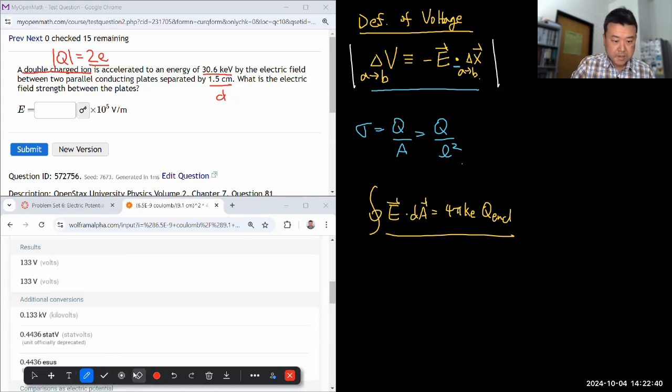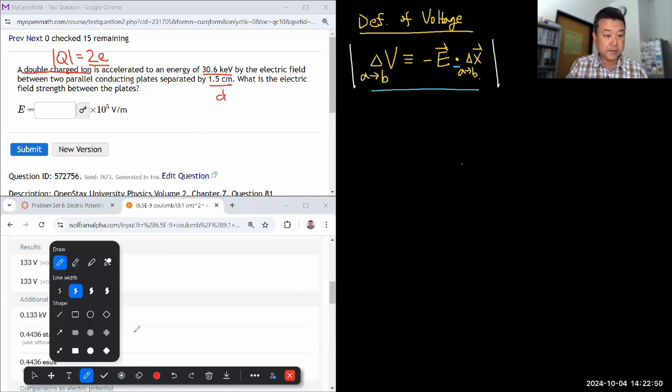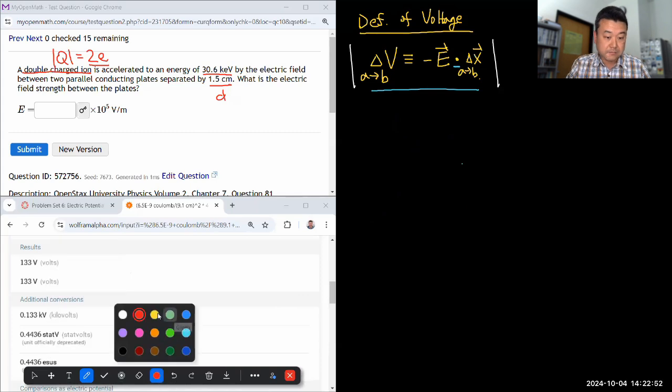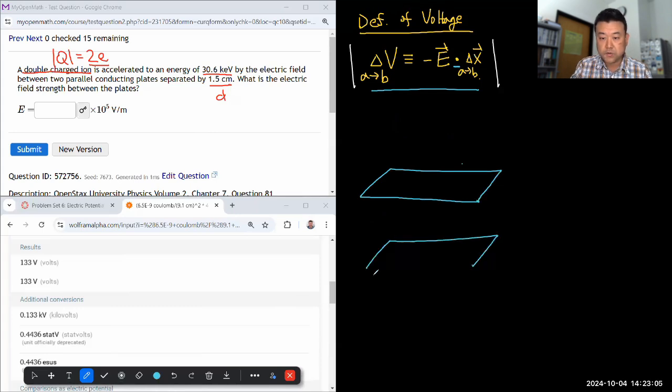So let me sketch this out and I will tell you why the energy being specified in electron volts means you actually don't have to look up a single formula, because that's the usefulness of the electron volt unit of energy. So what it's describing is some parallel conducting plates which produce a uniform electric field between them.